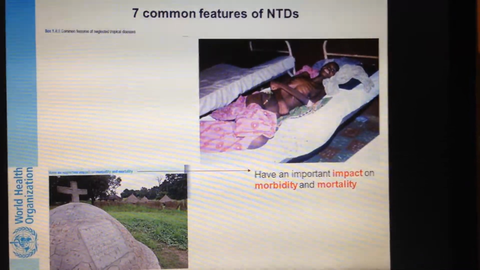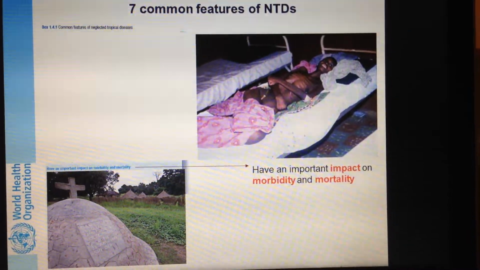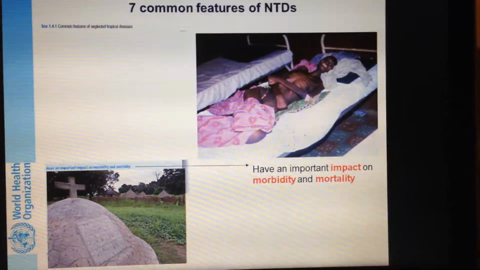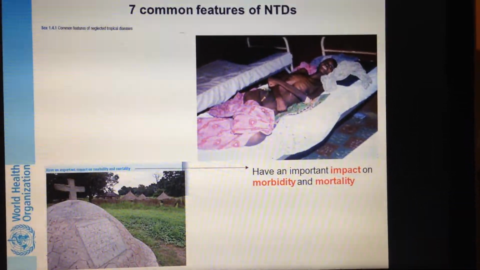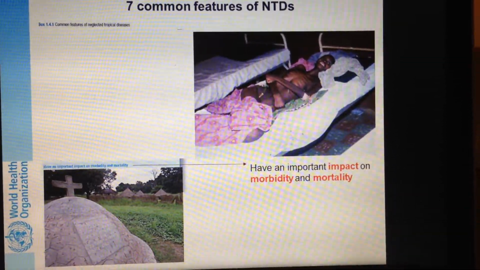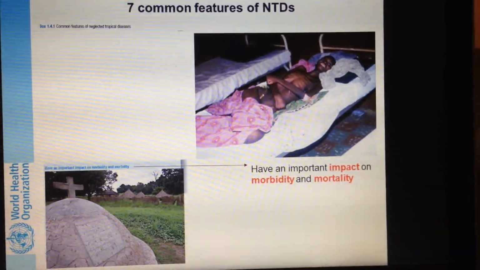Another important characteristic of these diseases is that they cause not only morbidity, not only disease, but also mortality. They can kill. That is the example of visceral leishmaniasis, or like in this picture, a sleeping sickness, human African trypanosomiasis.